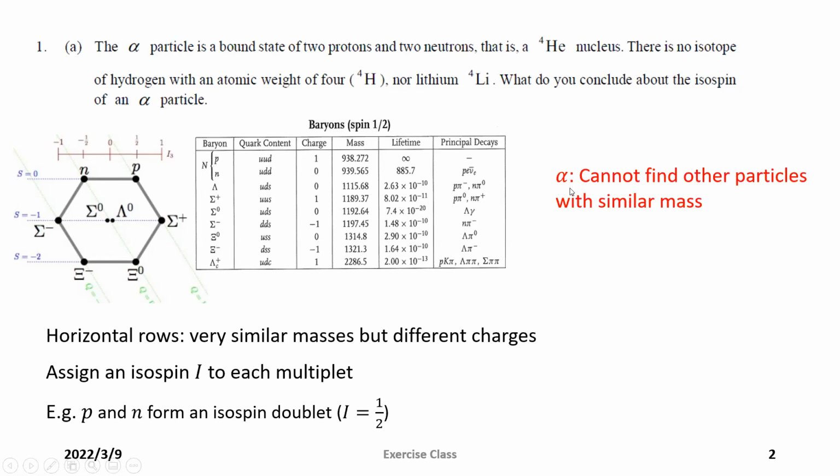So the alpha particle just exists on its own, and we can conclude that the alpha particle is possibly an isospin singlet. That means I is equal to 0, and the isospin state of an alpha particle is 0, 0. So that's the argument for the first part.